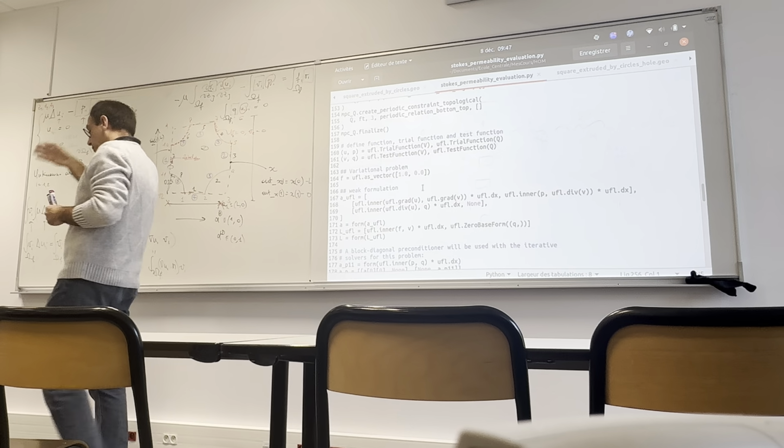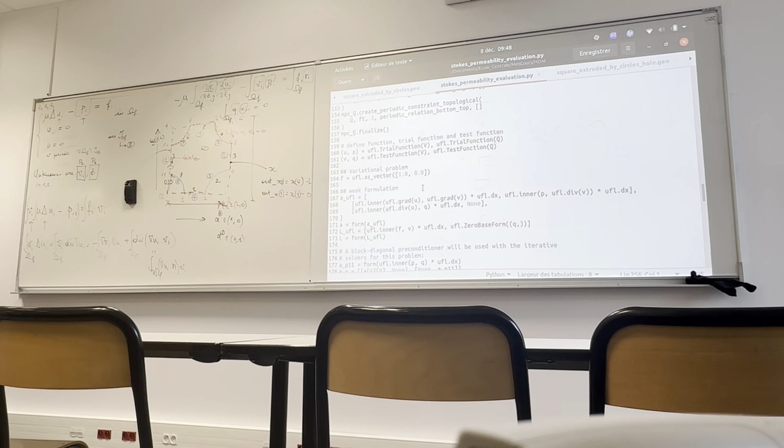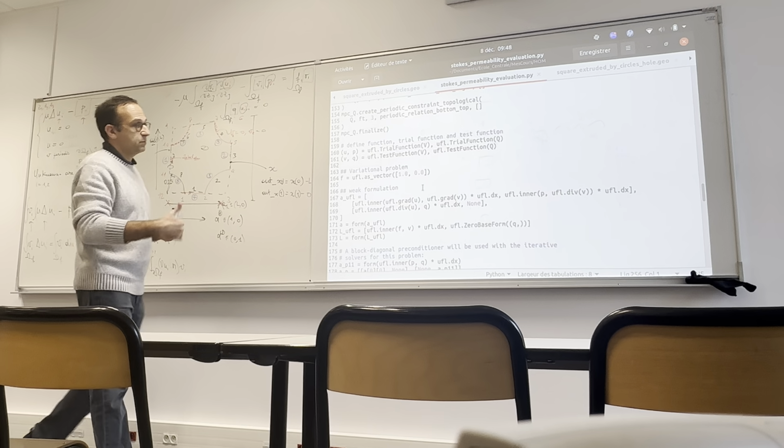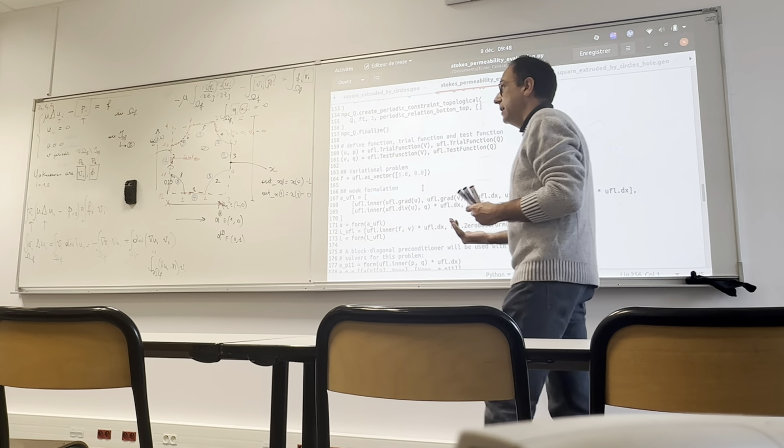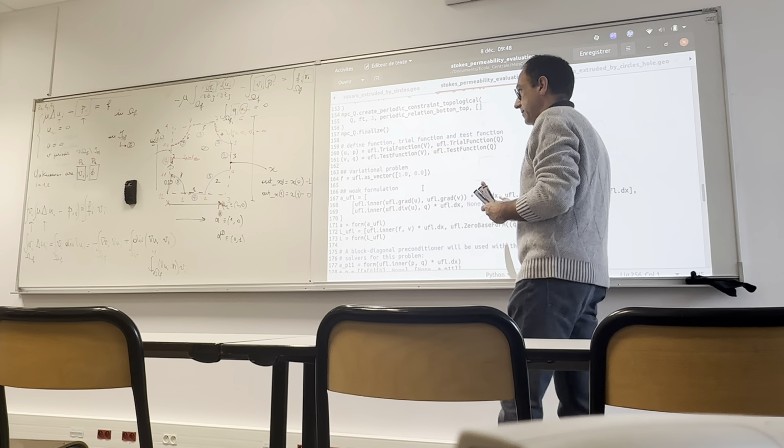We were evaluating it over a test function and a trial function, so a test function and the solution of the problem. The idea is that we have to extend this, because now our space of solutions and space of test functions is not just velocity, but velocity and pressure.